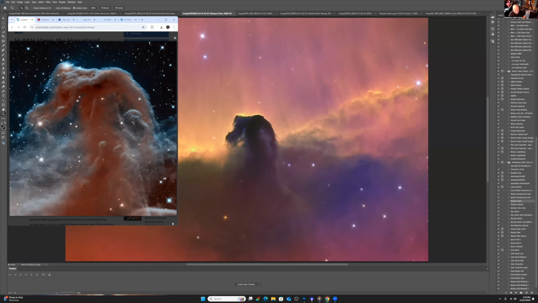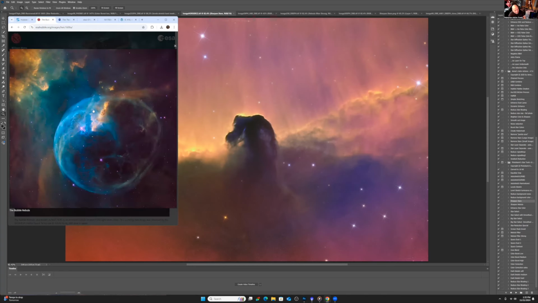Yeah, that's exactly what I was going to ask you. Yeah, so that's the thing. And then the next one that I have, and probably on this one I'm a little bit more educated, so to speak, in terms of why it's happening in this image. So this is the Bubble Nebula, and this is also a Hubble shot. Okay.